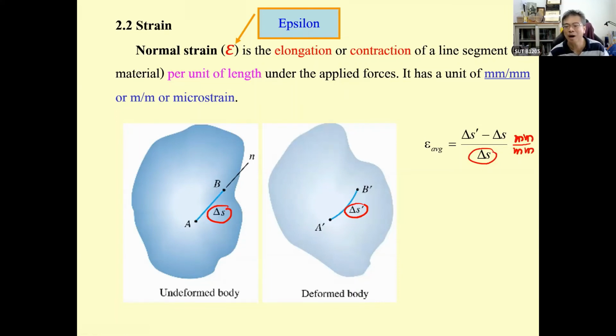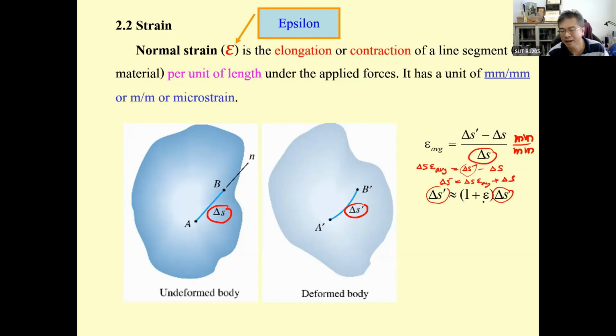If you write this equation properly, by putting delta s and the average strain equal to delta s prime minus delta s, this delta s prime can be approximated as delta s prime equal to delta s plus the average strain times delta s, and rearranged, it is going to be 1 plus strain times delta s.